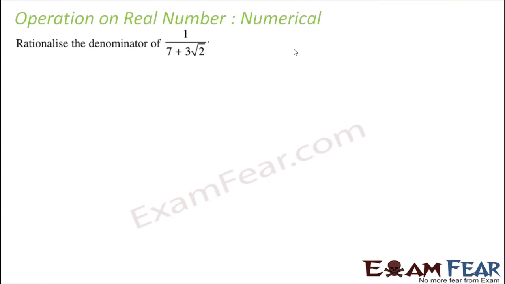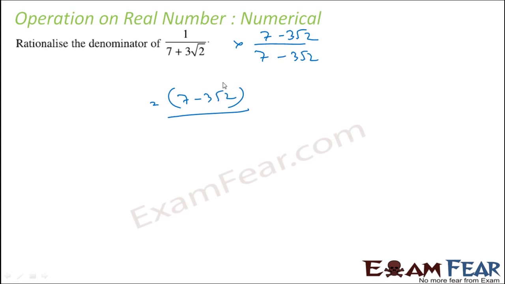We'll take one more, we'll rationalize this. This is also a plus b form. So we'll multiply with this a minus b form. So you have to do the same thing for the numerator also. So let's see what you get. You get 7 minus 3 root 2, 2 into 1 is the same value, and the denominator becomes a square minus b square. This is a, so a square minus b square.